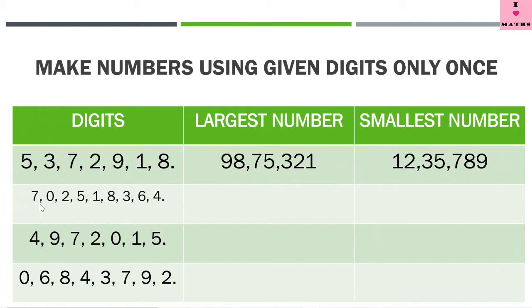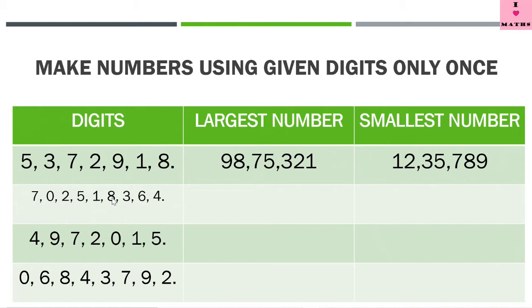Now, for making the smallest number, as I told you earlier, we have to arrange the digits in ascending order. Okay, let us arrange in ascending order, starting from 0, 1, 2, 3, 4, 5, 6, 7, and 8.